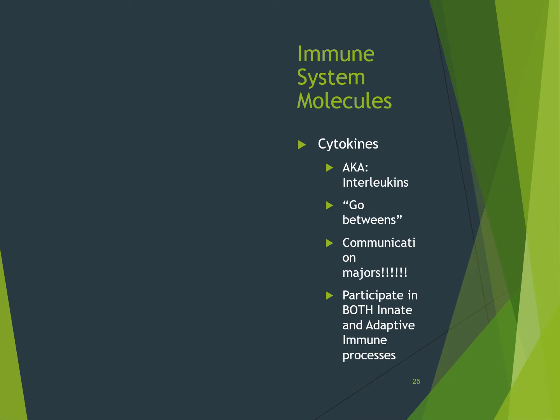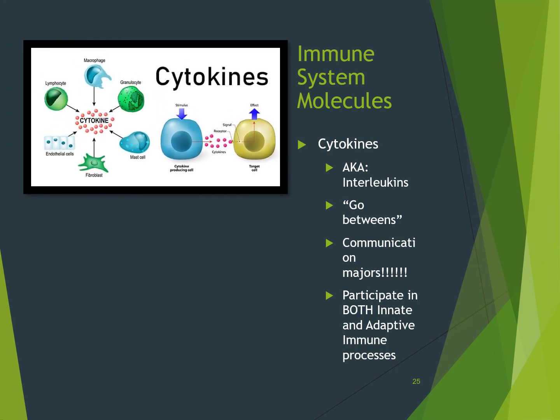So there are several immune system molecules that we're going to talk about. And the first one is cytokines. It's important to remember that cytokines are really team players. They are the molecules that participate in both innate and adaptive immune processes, and they are really the go-betweens between these molecules.